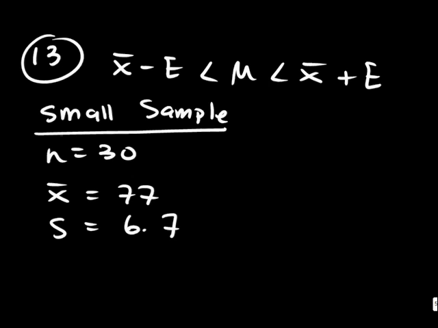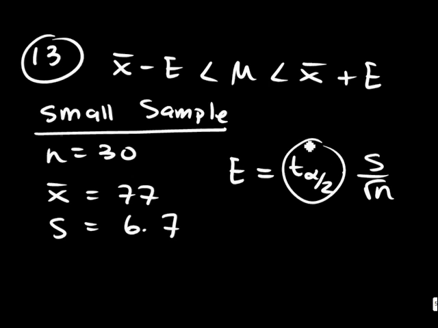Now, the error formula here for a small sample is t alpha over 2 times s over square root of n. We need a t alpha over 2 value. We use these t values when we deal with small samples. Now remember, they want 99% confidence.